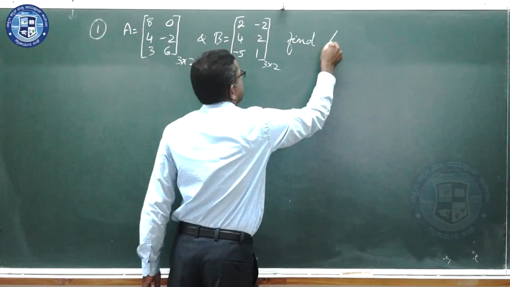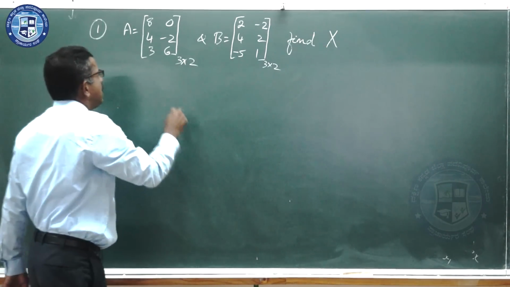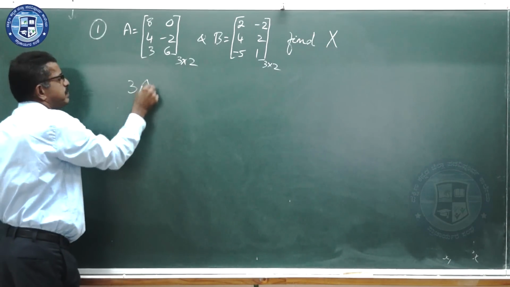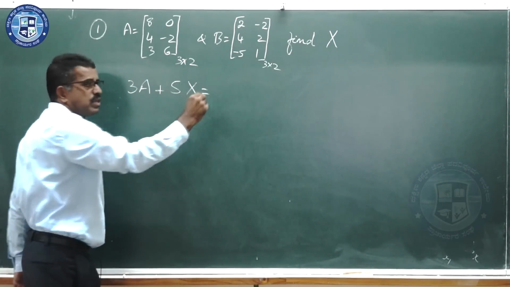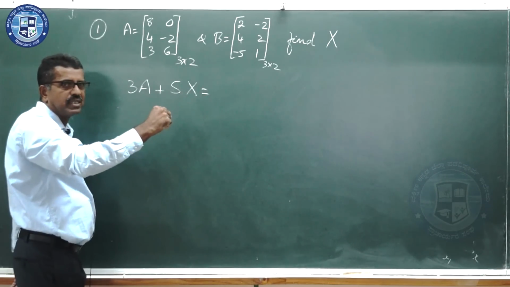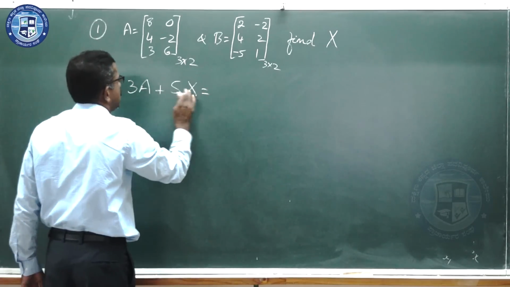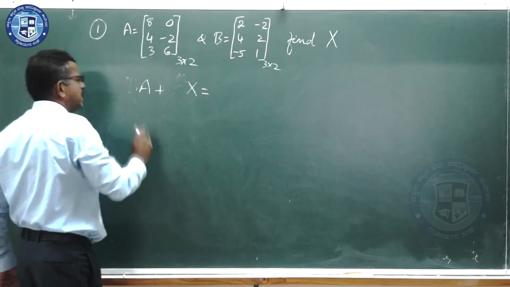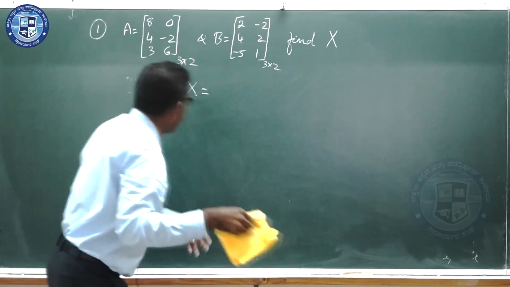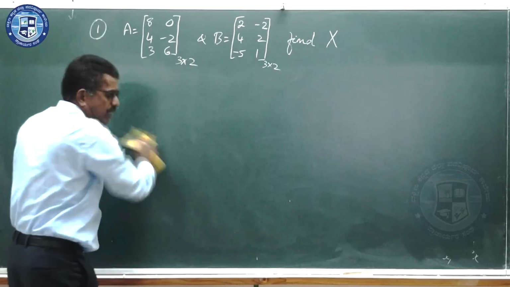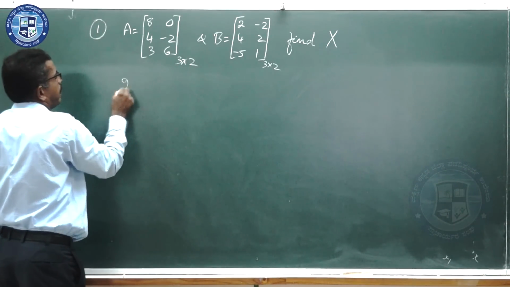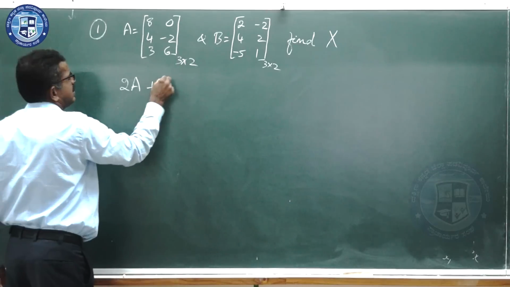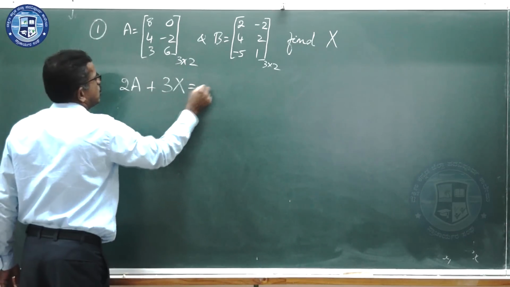The question asked here is: find a matrix X. I will take the question as it is in the NCERT book. It is 2A plus 3X is equal to 5B.